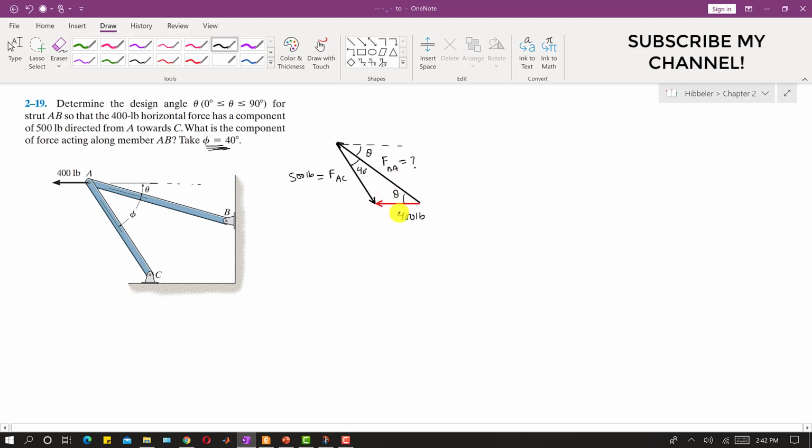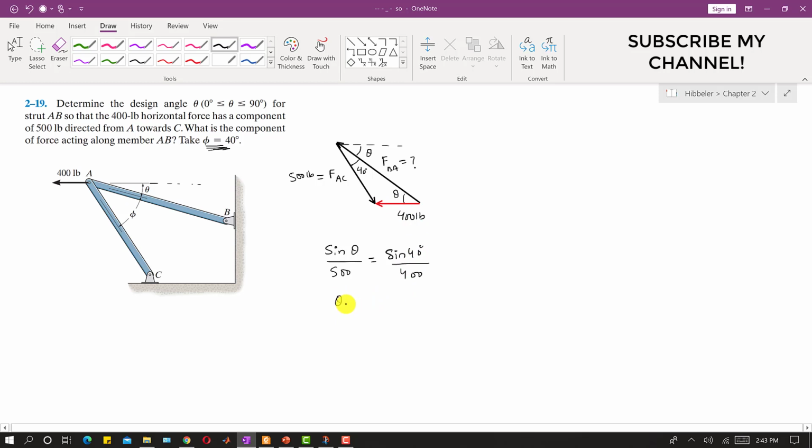So by using the sine law we can find this theta, right? So if I write, this is sine of theta divided by the magnitude of the opposite side, which is 500, right? So I will divide it by 500 and this is equal to sine of 40 divided by the opposite side magnitude, which is 400, right? So we have to take this ratio.